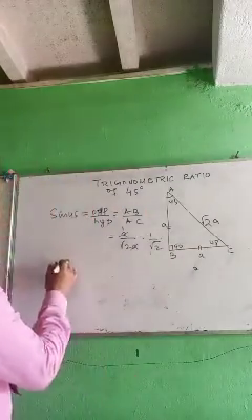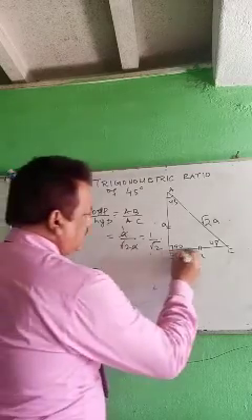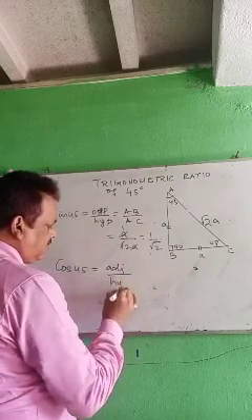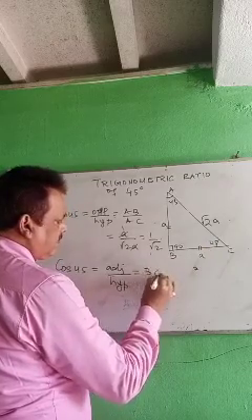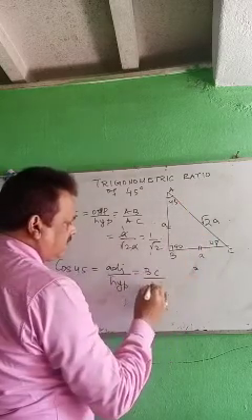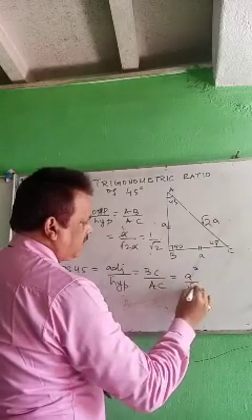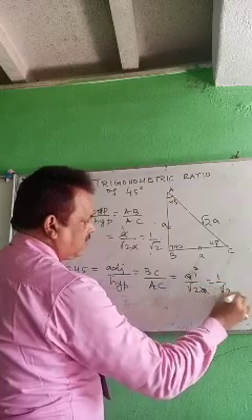Let's see what is cos 45. That is adjacent by hypotenuse. That means BC by AC. BC is how much? A by root 2 A. That is also 1 upon root 2.